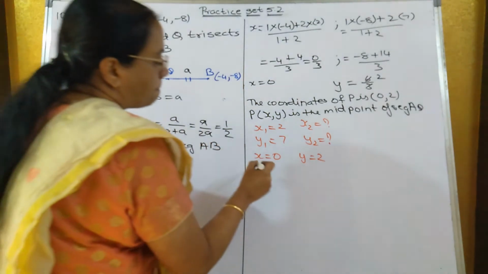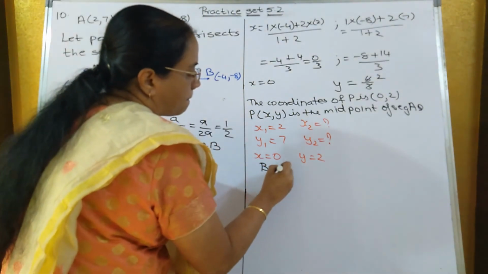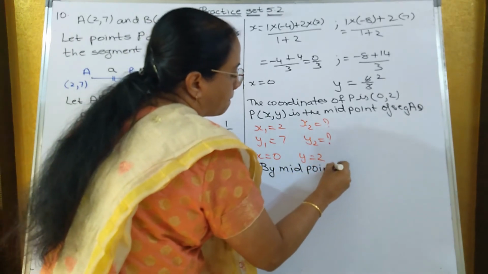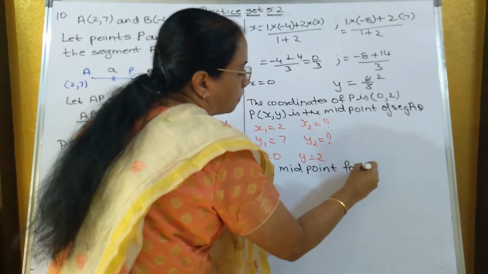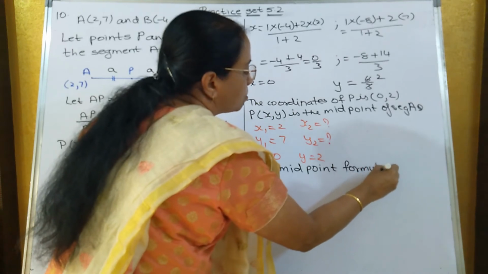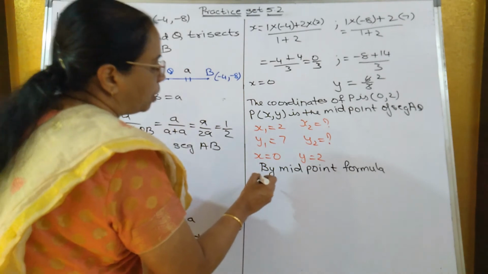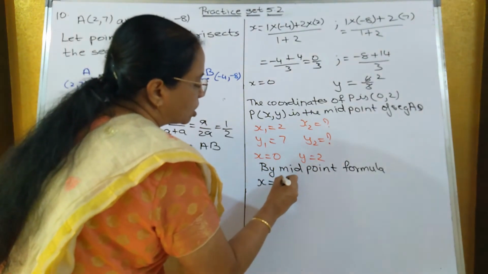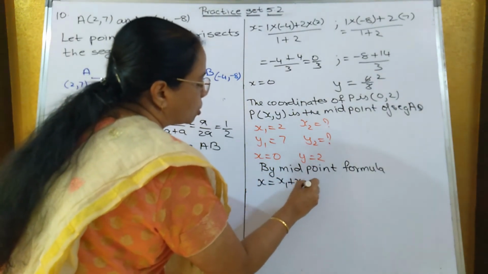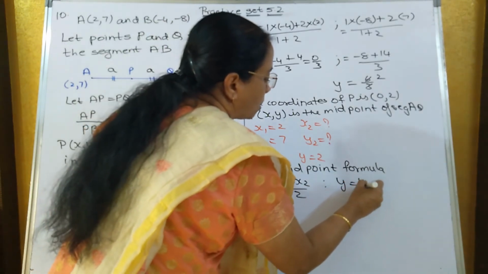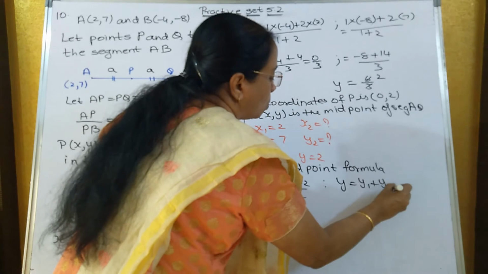So by midpoint formula. Now you'll use midpoint formula. Here we had used section formula. So by midpoint formula, x is equal to x1 plus x2 upon 2, and similarly y is equal to what? y1 plus y2 upon 2.